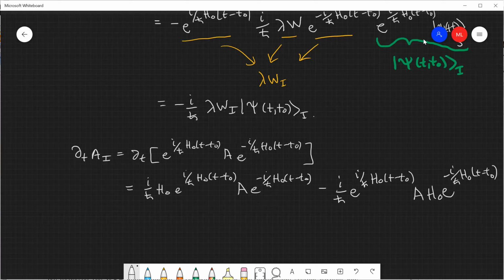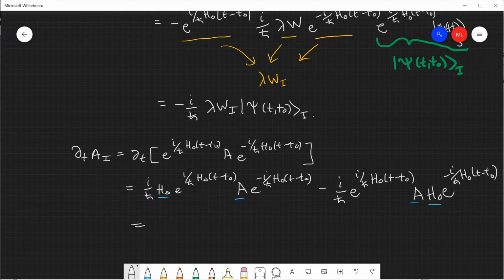So all this is, you have a combination of terms that just gives you the commutator. You've got H naught A and A H naught.